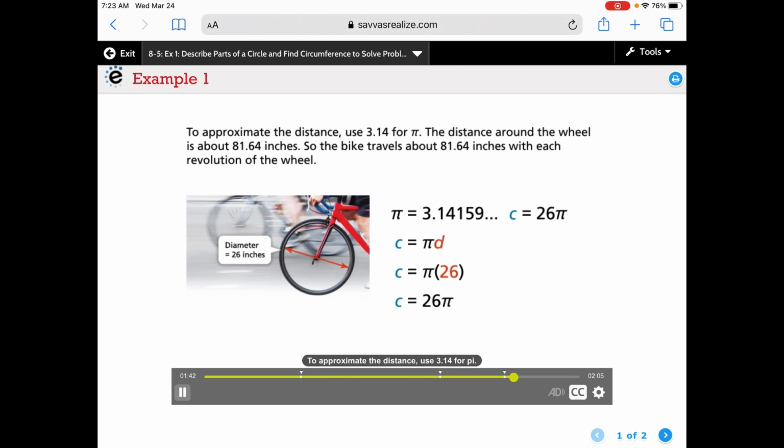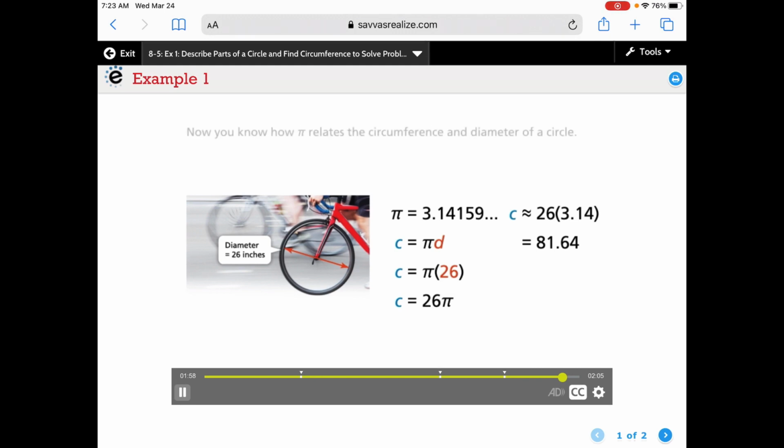To approximate the distance, use 3.14 for pi. The distance around the wheel is about 81.64 inches. So the bike travels about this distance with each revolution of the wheel. Now you know how pi relates to the circumference and diameter of a circle.